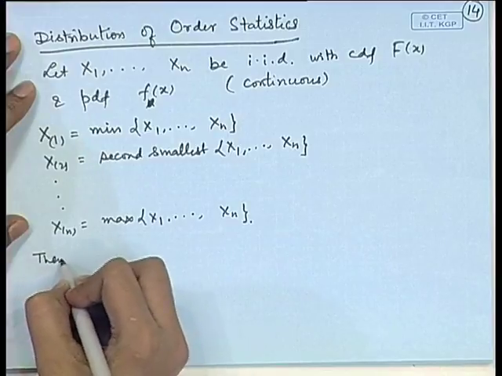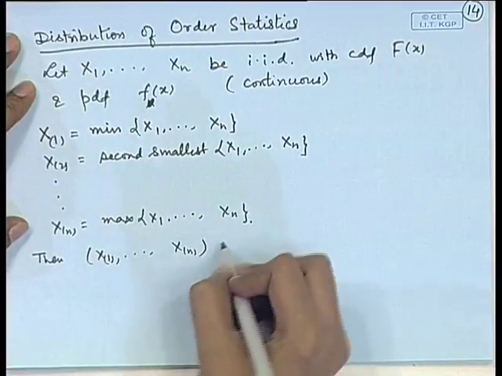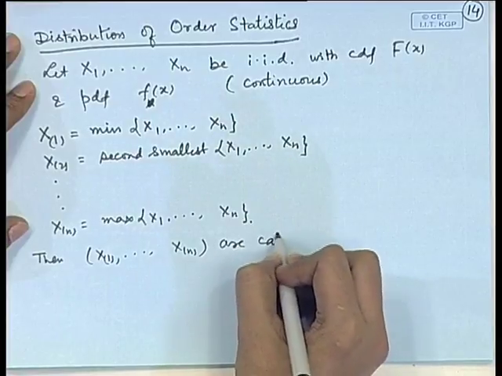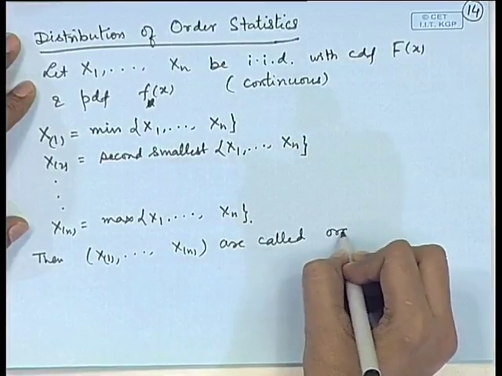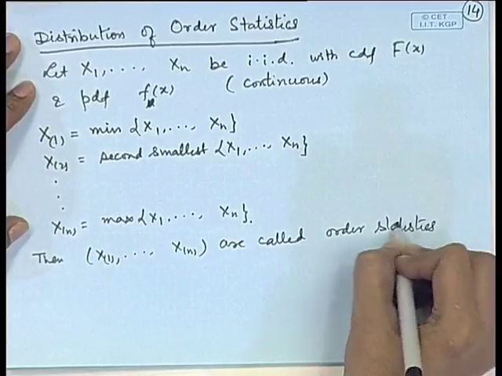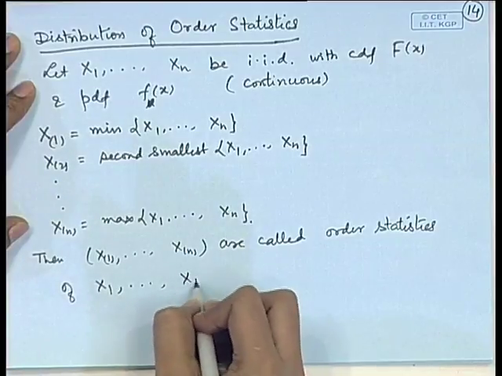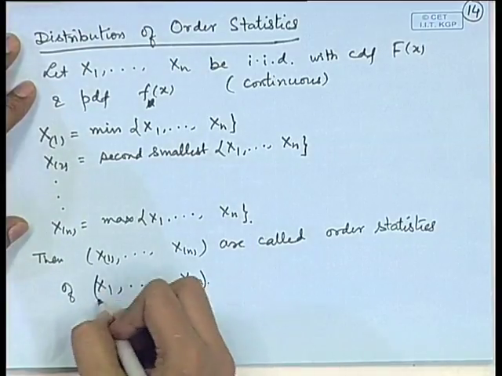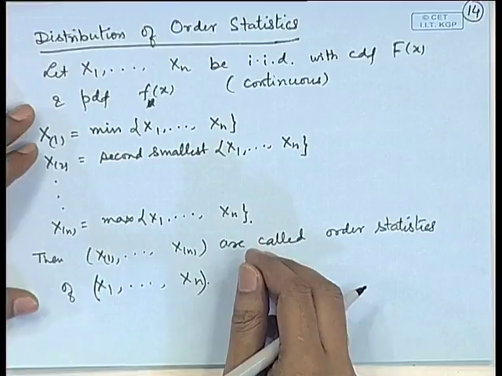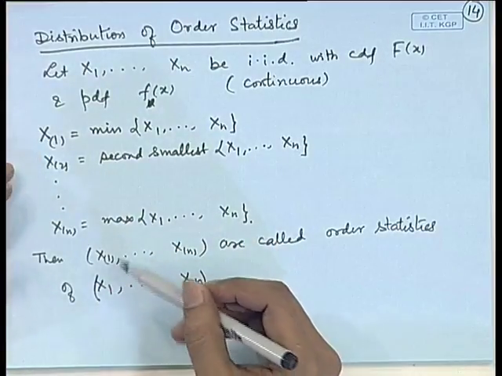Then X(1), X(2), ..., X(n) are called order statistics of X1, X2, ..., Xn. In many practical aspects, the order statistics are quite important.